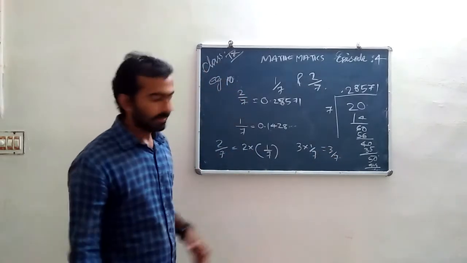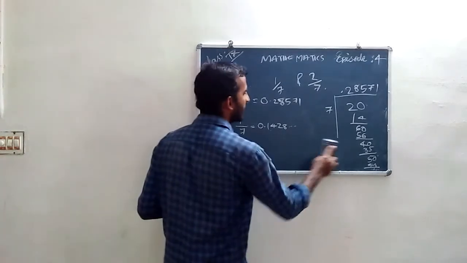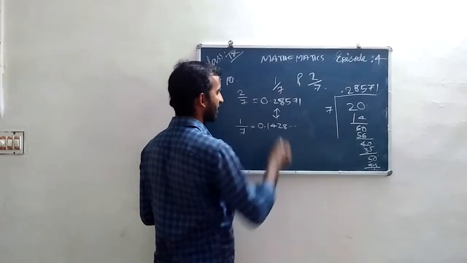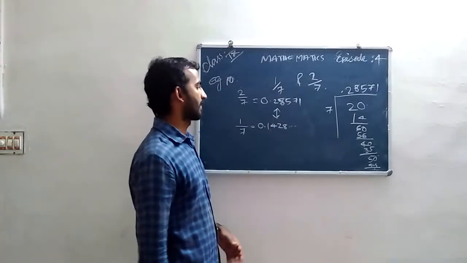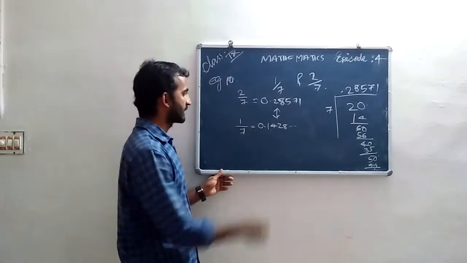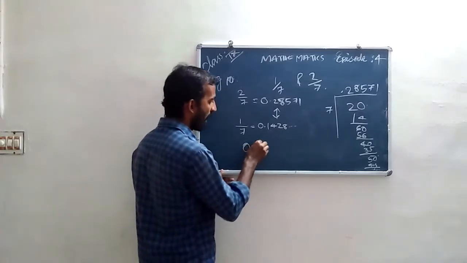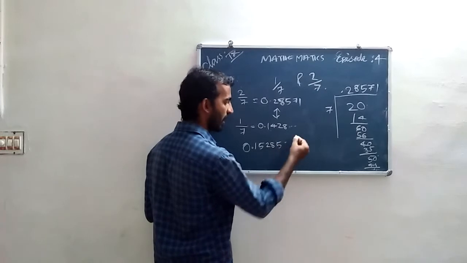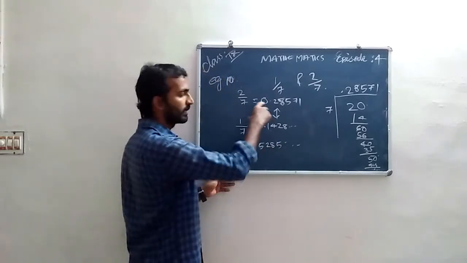Here we can find many numbers in between them. Many numbers are occupied between them. For example, 0.152, 8, 5, etc. is a number in between them.